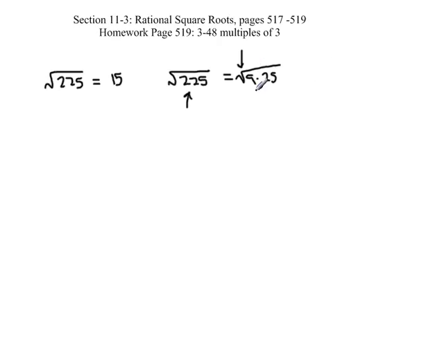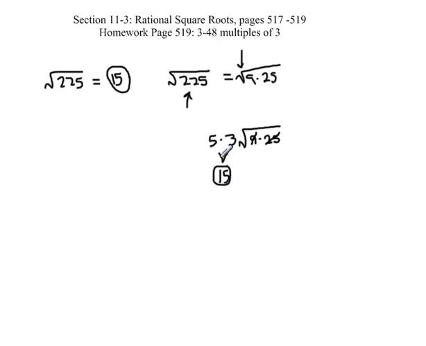What you can do under here is take square roots of these independently. If I have 9 times 25, here's essentially how that 15 that we got as an answer comes to be. The square root of 9 is 3, and the square root of 25 is 5. When you bring both of those out, you're multiplying those together, and of course 5 times 3 is 15. So you end up with that same answer.